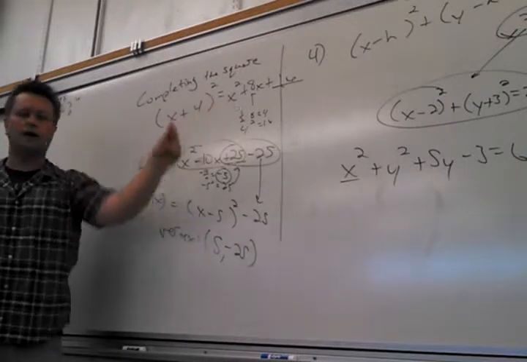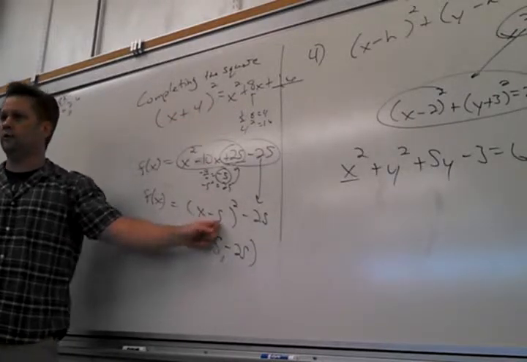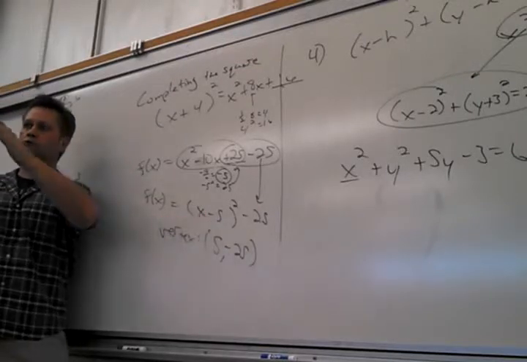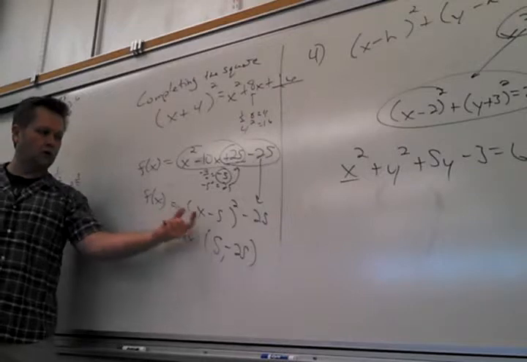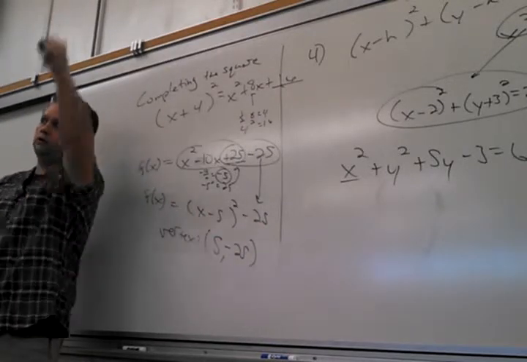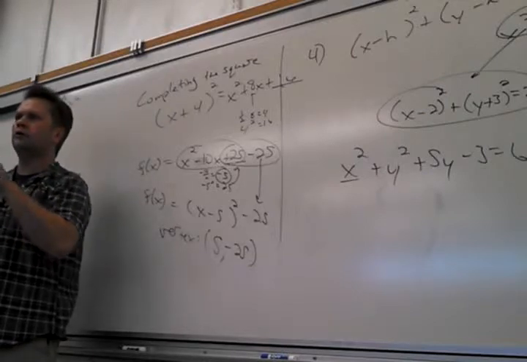That should not be a huge revelation. That's something you're supposed to come in knowing. But that's why it's related to transformations. I moved it over 5 and down 25. So now the vertex is at 5, negative 25, because it starts at 0, 0. It's nothing more than that.